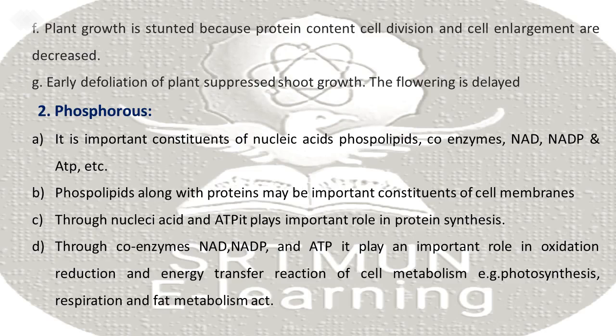Through nucleic acid and ATP, it plays an important role in protein synthesis. Through coenzymes NAD, NADP and ATP, it plays an important role in oxidation reduction and energy transfer reactions of cell metabolism, for example photosynthesis, respiration and fat metabolism.